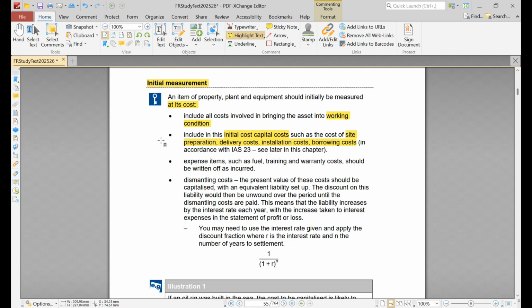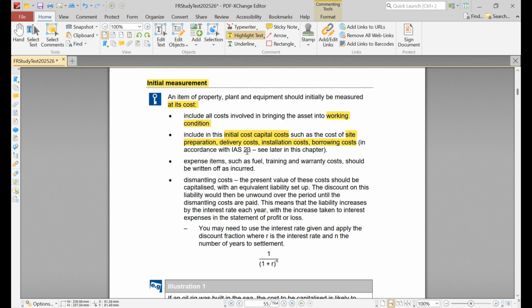Second, delivery cost: the transportation cost incurred in bringing the asset to the factory would be included. Any basic installation costs incurred to install that machine at the factory would be included. And borrowing costs, there's a separate standard for it, as also mentioned here, IAS 23, so I'll be expanding on that later.